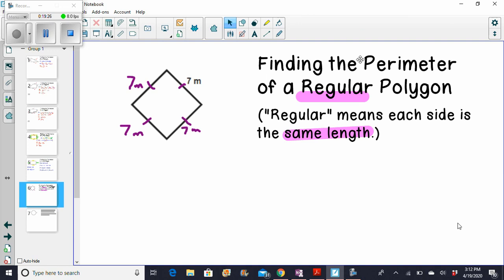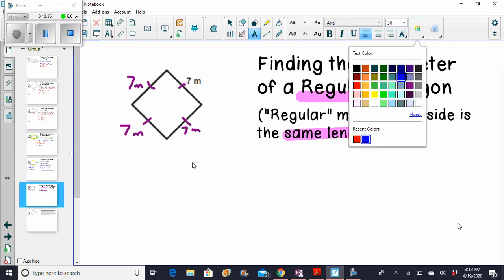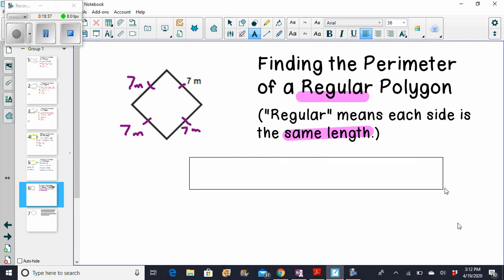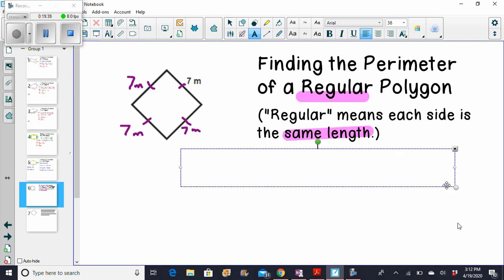All right, same way that we're going to go about finding the perimeter. I am going to add all the sides together. So I'm going to add how many sides? It's a quadrilateral. It's got 4 sides. So I'm going to be adding 4 measurements.